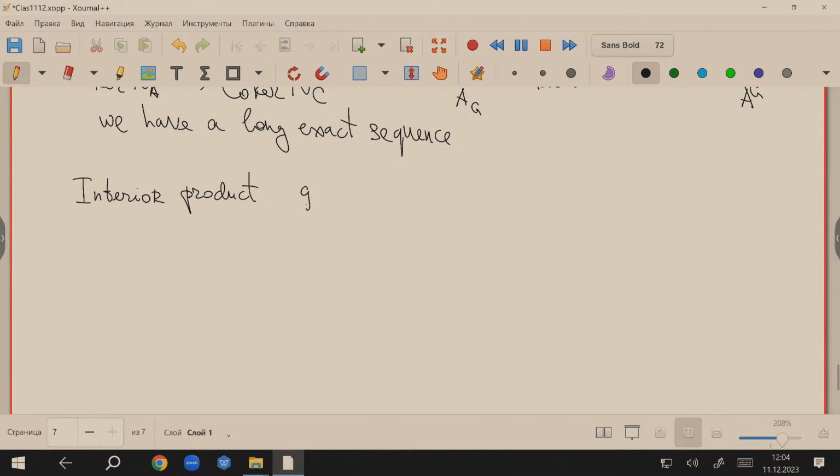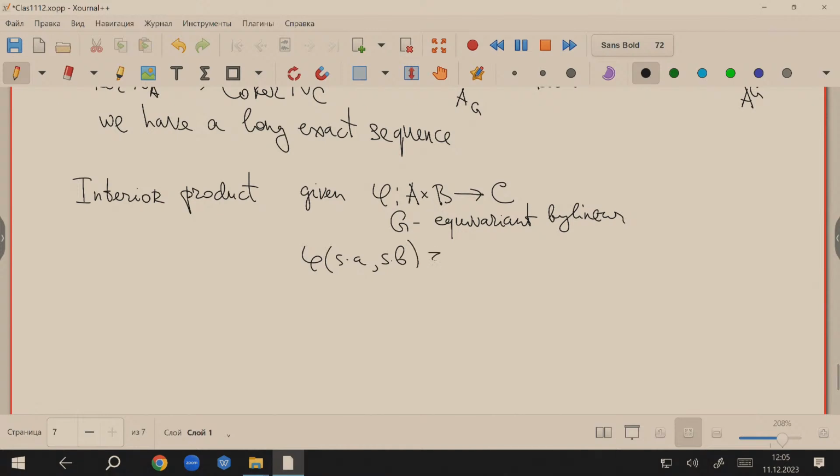Suppose that you have a map phi from A times B to C, which is G-equivariant and bilinear. Equivariance means, of course, that applying S to the argument is equal to applying S to phi of AB.